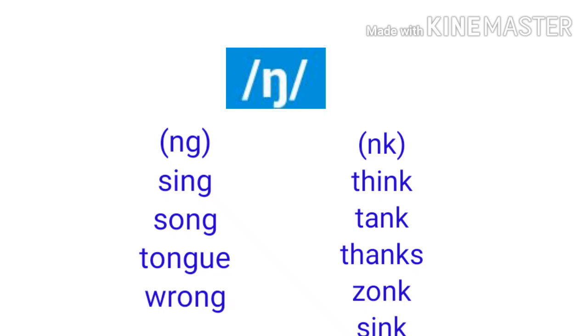Examples are the NGs in sing. Sing, S-I-N-G, is pronounced sing, not sing-g. Song, not song-g. Tongue, the NG in tongue is pronounced as one sound. Wrong, the NG in wrong is pronounced as one sound, not with a G.